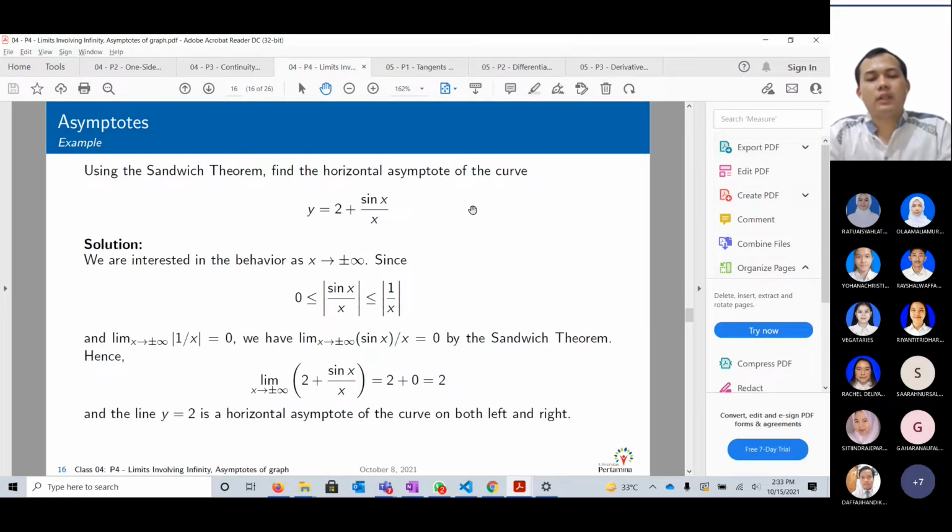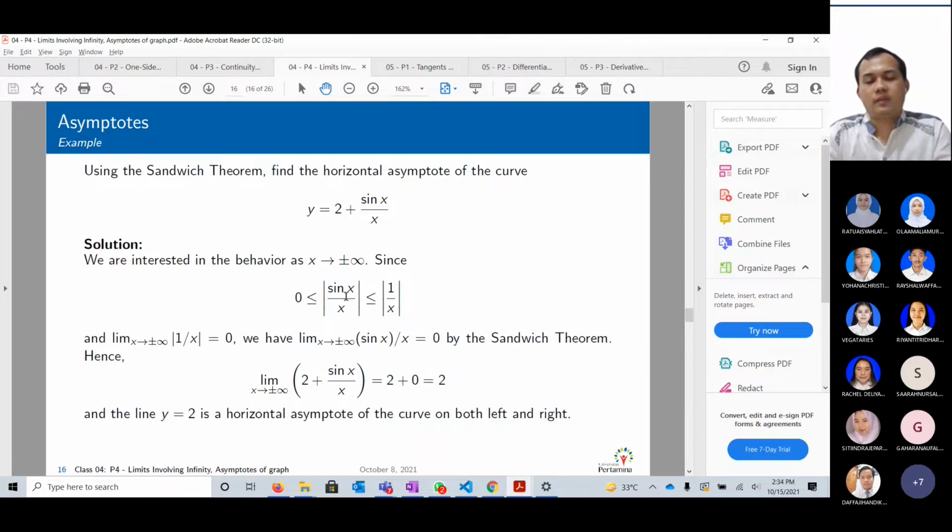To find the horizontal asymptote of the curve, how to do that? Okay, actually, since we are interested in the behavior as x goes to positive infinity or negative infinity, we can sandwich, we can put the absolute value of sin x over x in between 0 and 1 over x.